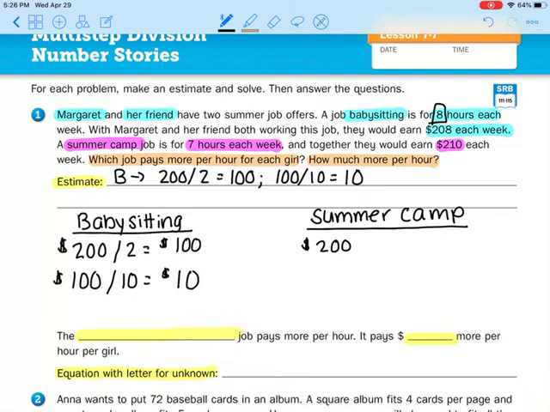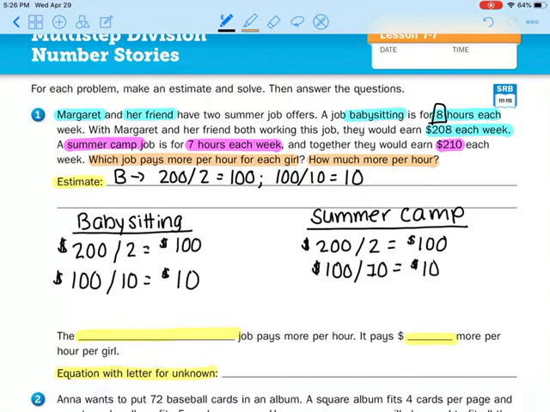And remember, we want to be able to do this mentally. Divided by the 2 girls, they would make $100, roughly. Now, they only work 7 hours every week. But still, 7 is closer to 10 than it is to 1. So I'm going to take the $100 and divide it by 10.